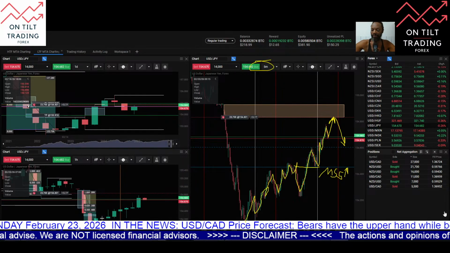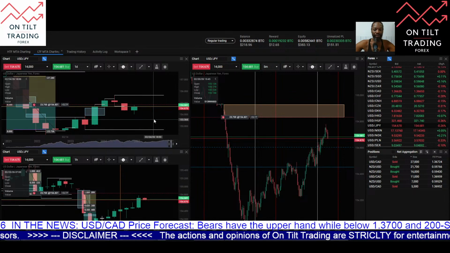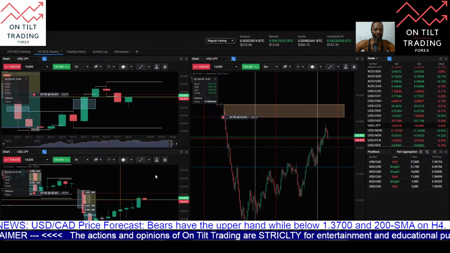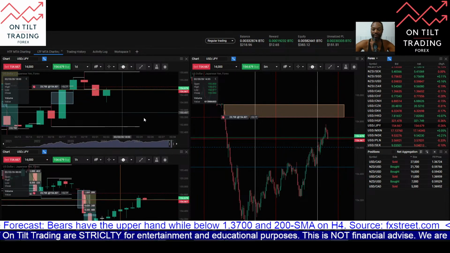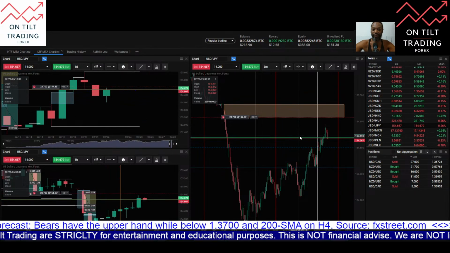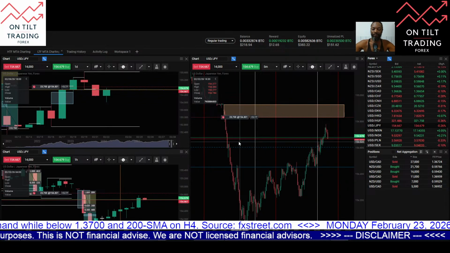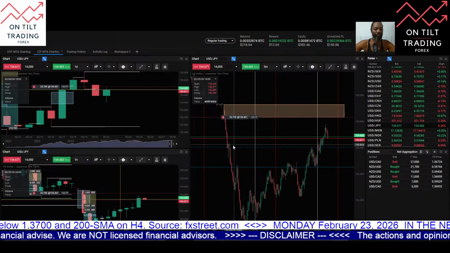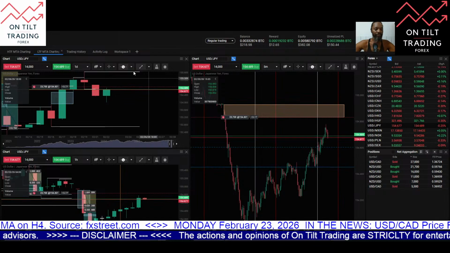At least that's what I'm currently anticipating price may do here during the current London session, or it may do it later in between the London session and the New York AM session, or potentially not at all, but just looking for price action to deliver into the limit entry if possible.